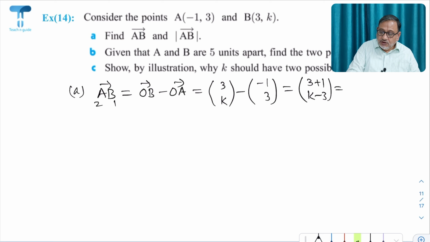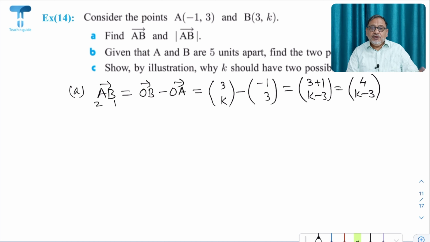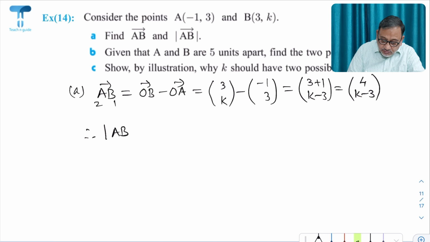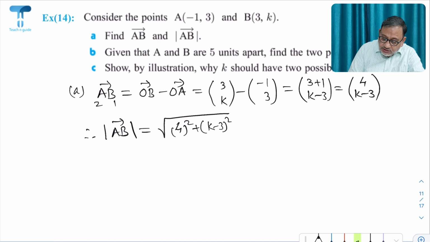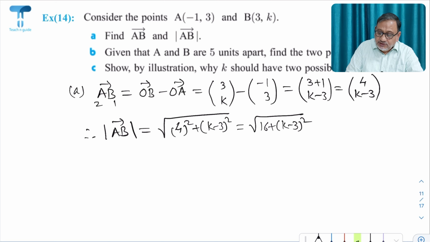So it is equal to (4, k minus 3). Okay, (4, k minus 3). Therefore, now magnitude of AB. So as you already know, x component squared plus y component squared, k minus 3 squared. So it will be the square root of 16 plus (k minus 3) squared. I will keep it now as it is. This many units are there.